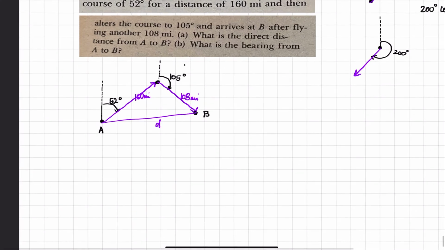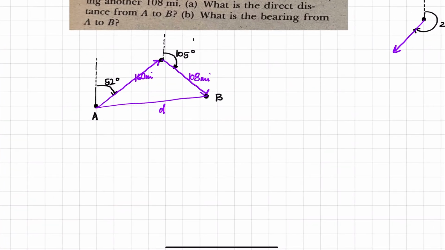Naitago natin sa pangalang D. Okay, so parang dito, feeling ko magandang gamitin yung cosine law. Ano bang sinasabi muna ng cosine law? So, if you have theta, tapos meron kang adjacent sides A and B, so meaning theta is the included angle of sides A and B. Yung katapat ni theta, na itago natin sa pangalang C, mahahanap nyo siya using this formula.